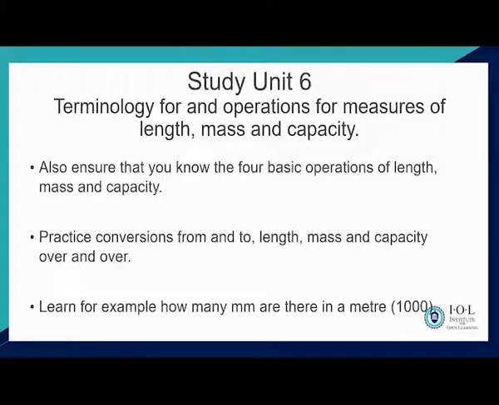Also ensure that you know the 4 basic operations of length, mass, and capacity. Practice, practice, practice conversions from length, mass, and capacity over and over. For example, if I have 1,000 millimeter, it is 1 meter. 1,000 meters is 1 kilometer.